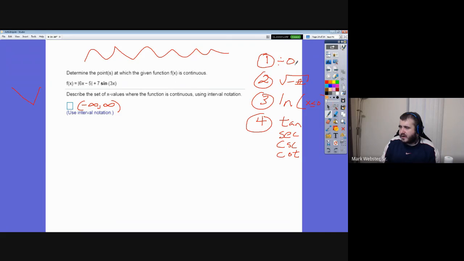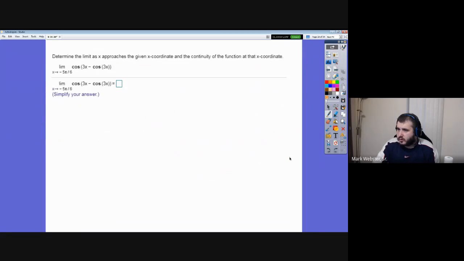We don't see any divided by zeros, any negative square roots, any natural logs less than or equal to 0, no tangents, no secants, no cosecants, no cotangents. So continuity-wise, it's continuous from negative infinity to positive infinity.